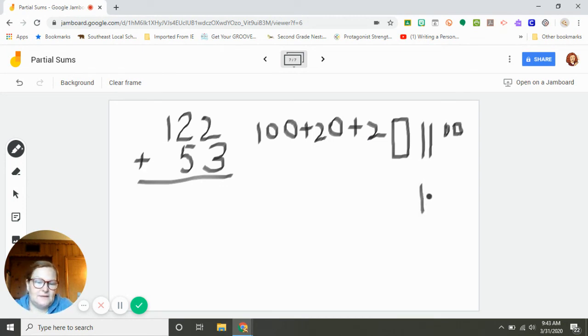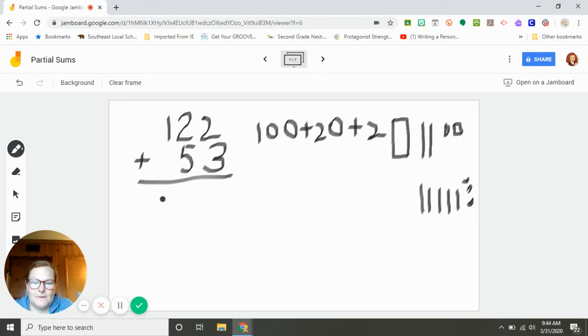What I want to do now is take this number and do the same thing. So I could do the tens. And then my cubes, 3 cubes. Now I'm going to line this up to where they are. I don't have any number in the hundreds here.